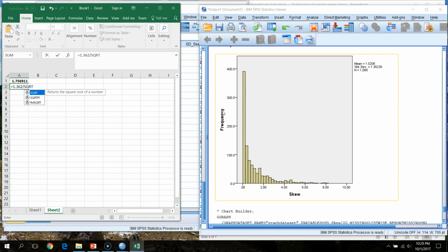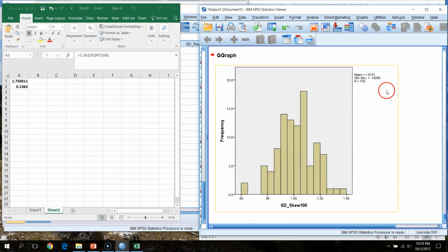Divide that by the square root of 100, our sample size of 100. We would expect our standard error to be 0.136. And if we go down through, we see that our standard deviation of our distribution of sample means, or our standard error, even after 100 draws, is very, very close to what we would expect based on our mathematical theory, 1.36 versus 1.40.